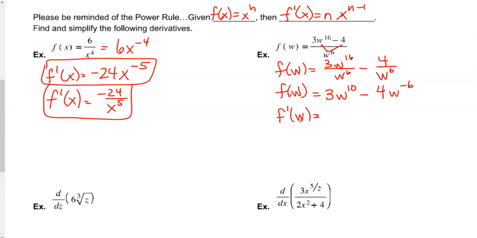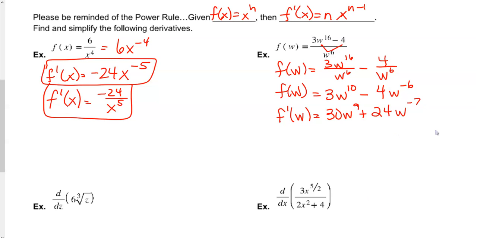So here's my derivative. Remember, don't be lazy. Make sure you write your notation. Bring your number out front, multiply by 3 gives me 30, decrease by 1 gives me w to the 9th, excuse me, minus, now, negative 6 times 4 is a negative 24, and you have a minus out here, so that actually becomes a positive 24. Decrease by 1, minus 1 gives me a minus 7 there.